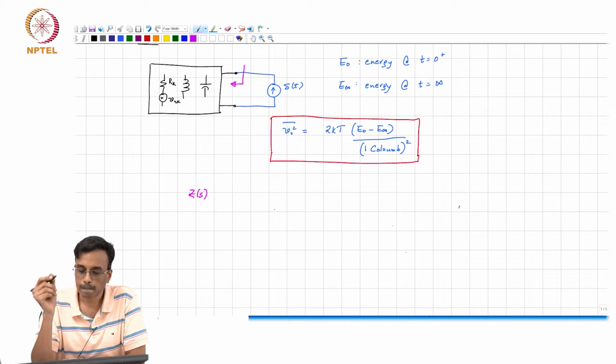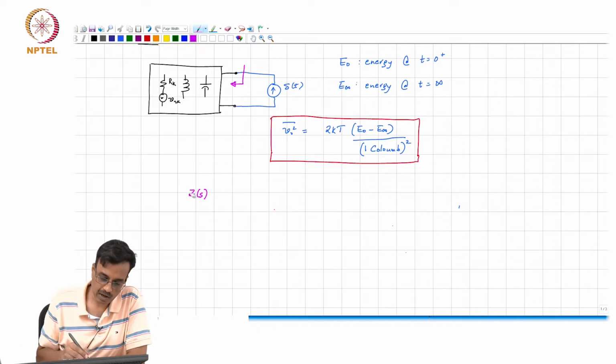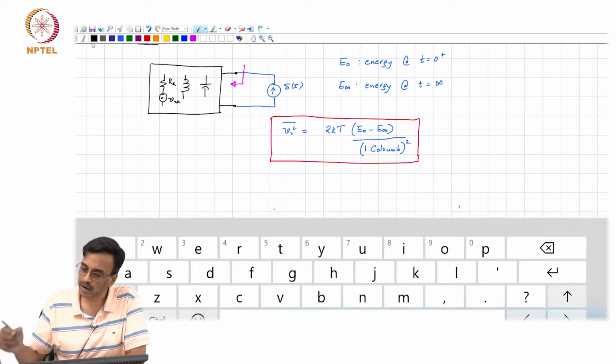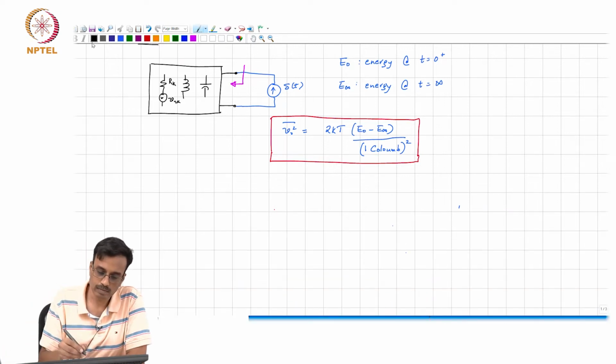What comment can we make about the initial energy stored in the network? How can we relate it to the initial voltage developed across the network? Or rather, let me put it another way. What comment can we make about the voltage developed across the network at t equal to 0 plus?